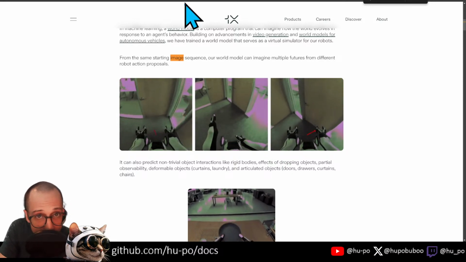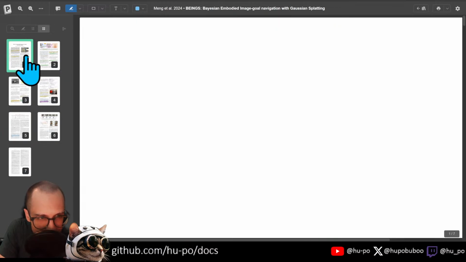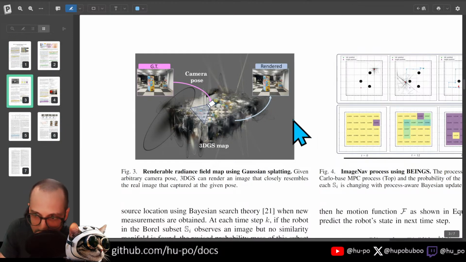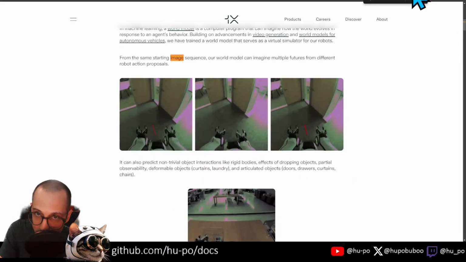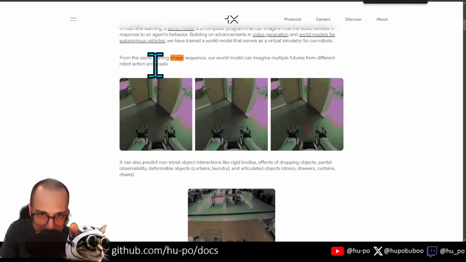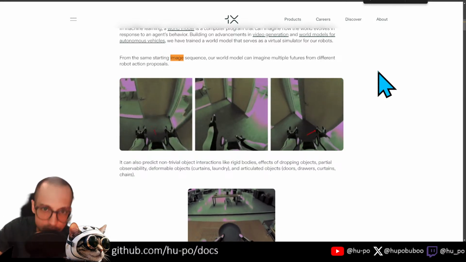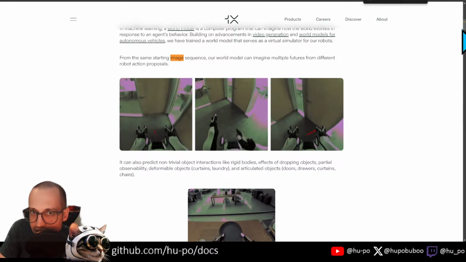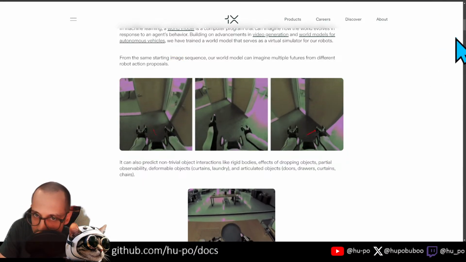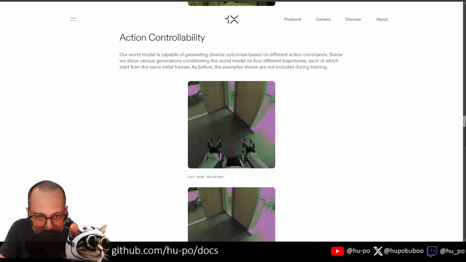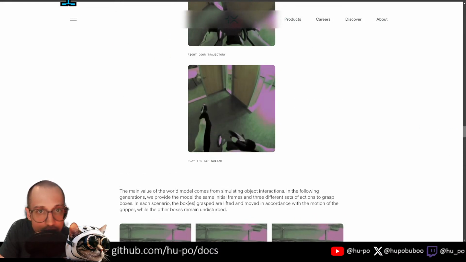But once Gaussian splats get good enough, the fact that they're a real 3D representation, actually 3D at its core, is going to make it a fundamentally better way to create robotics world models than what they're doing here, which is basically image sequences: 2D frame, 2D frame, 2D frame, and then you predict another 2D frame, right? If I think about the future, it has to be a 3D representation at the core. It can't just be these two-dimensional images.